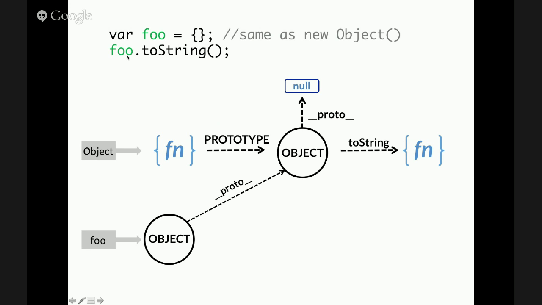So what happens with JavaScript is when foo.toString is looked up, it'll look on this foo object here for a toString method. It won't find it. And then it will go up the proto chain to find this object, look for toString there, and then call this toString method.